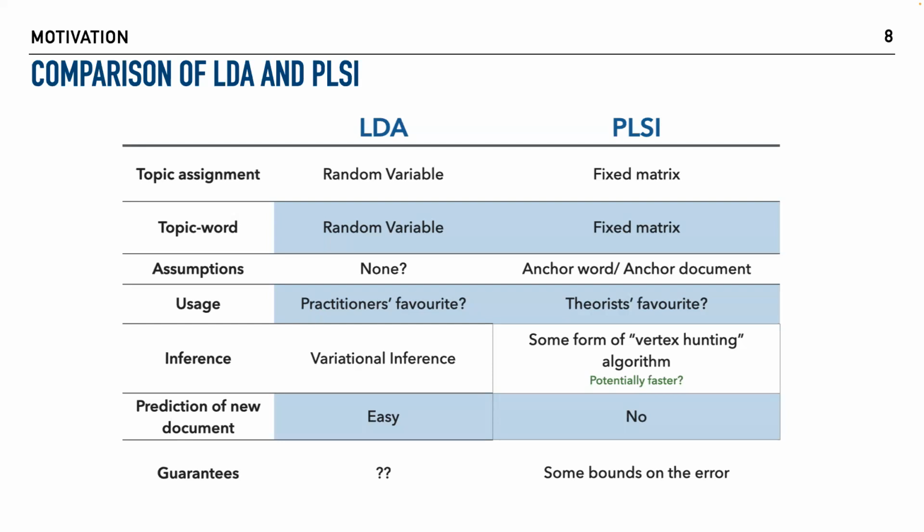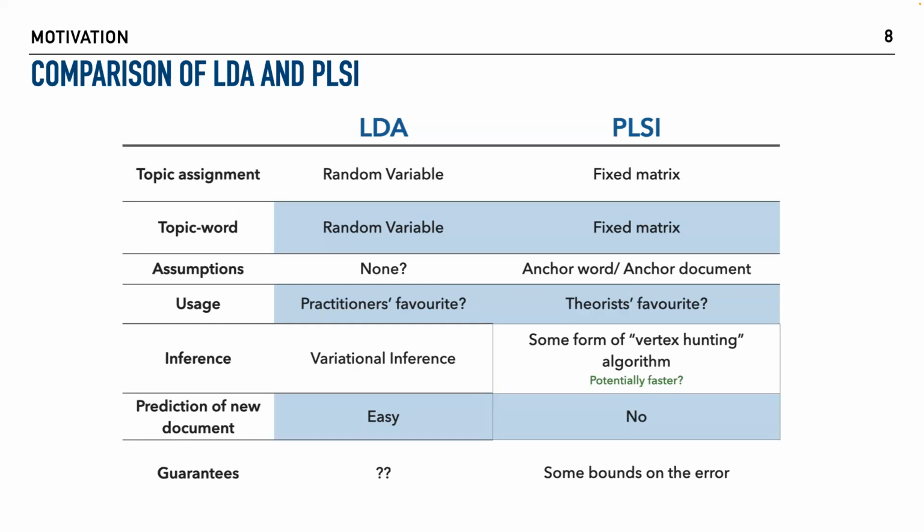A lot of applied papers, when they want to apply one of these topic modeling techniques, would prefer LDA, whereas there seems to be, especially recently, a certain amount of interest in PLSI, especially because at the end of the day, it's just linear algebra and it's a little bit easier to analyze theoretically.